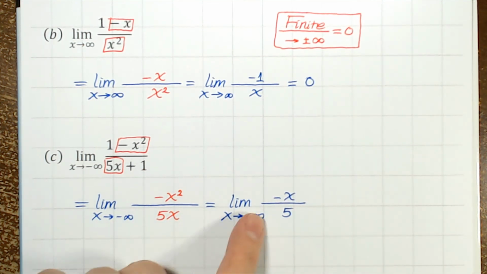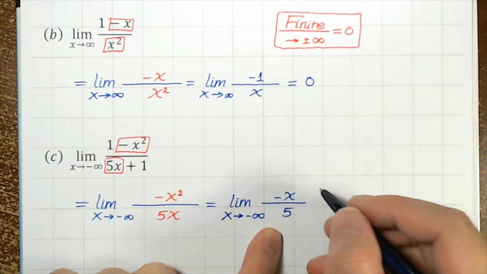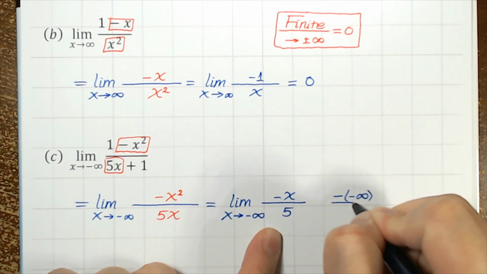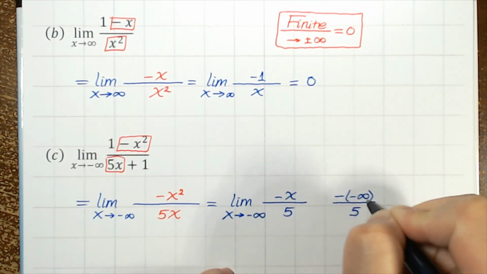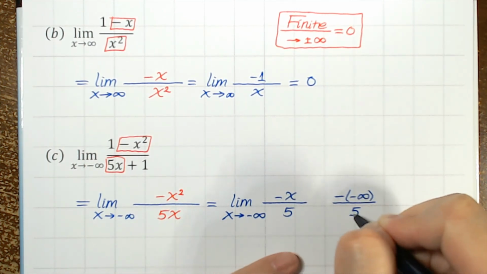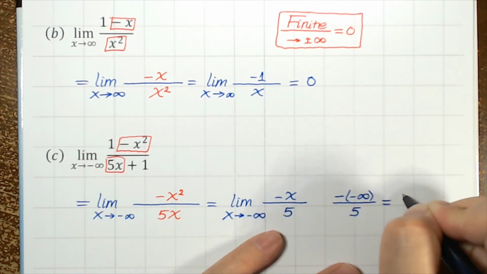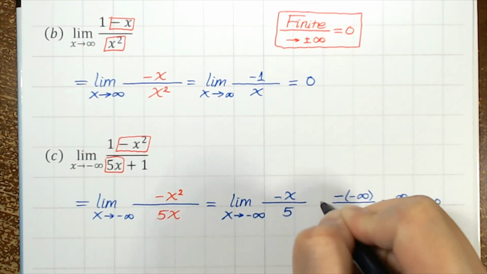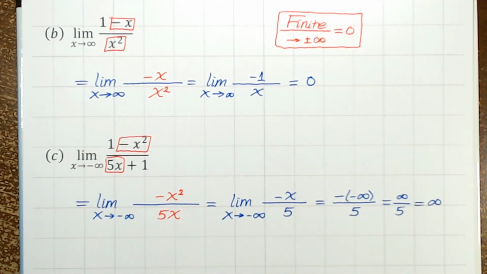Now, since x goes to negative infinity, if I substitute negative infinity divided by 5, negative and negative, that's positive. So infinity divided by 5, which is still infinity. So we make the limit equal to that.